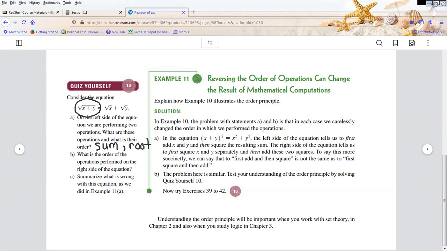What is the order of operations performed on the right side of the equation? The right side of the equation, we will take the square root of x, the square root of y, and then we will sum them.